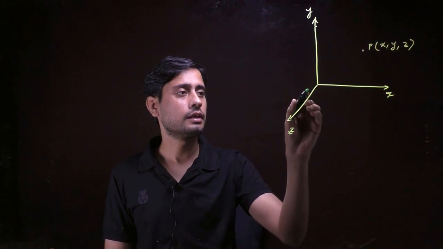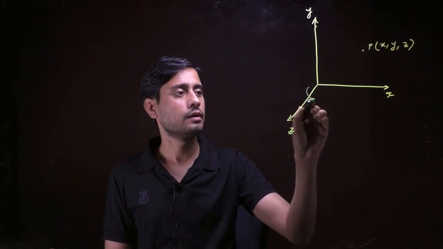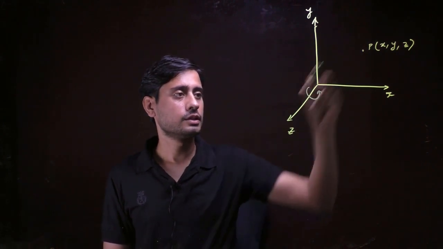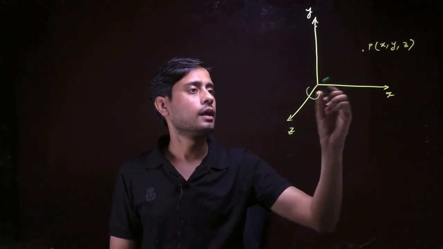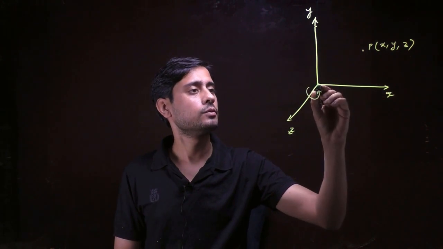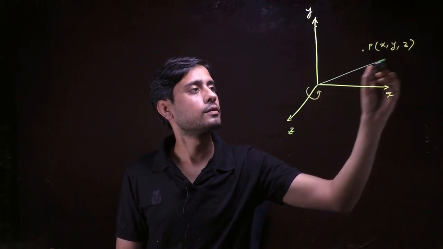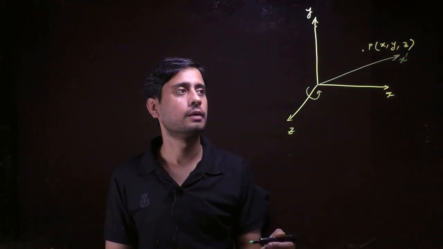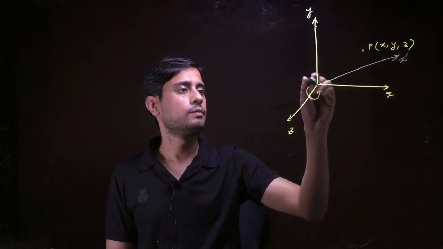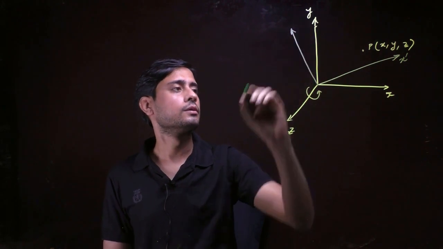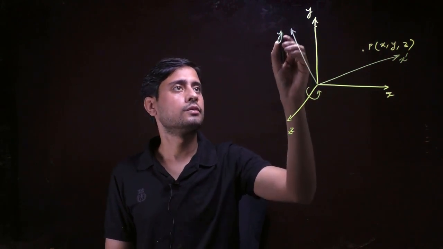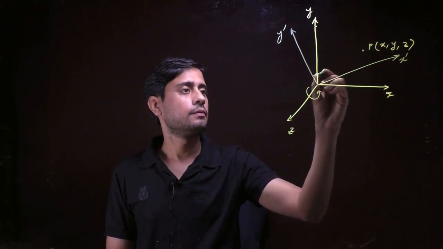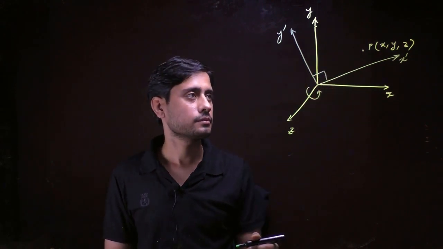If you rotate this frame along this z axis, then the x axis will move to some other location. This is your new x axis, we are calling it x prime, and the y axis will be perpendicular to the x axis. So this is your y prime. These will be perpendicular to each other.